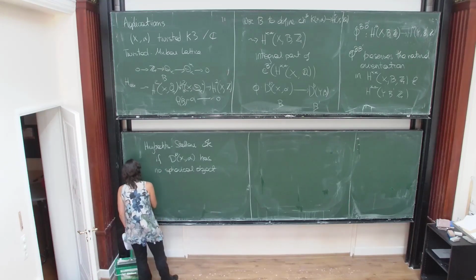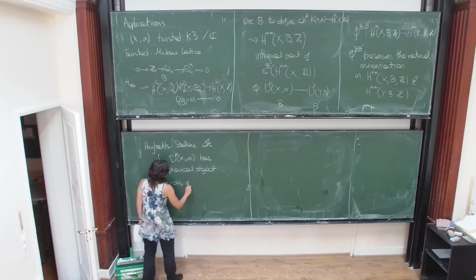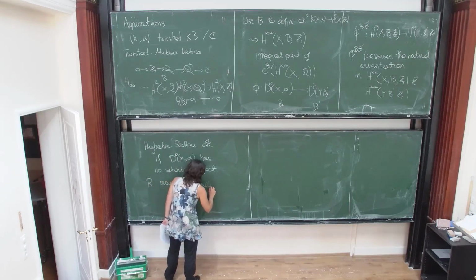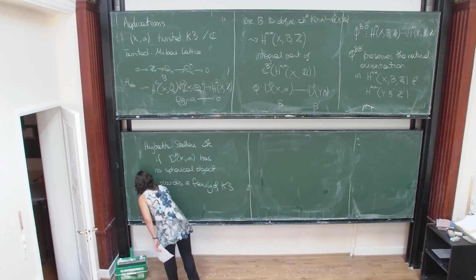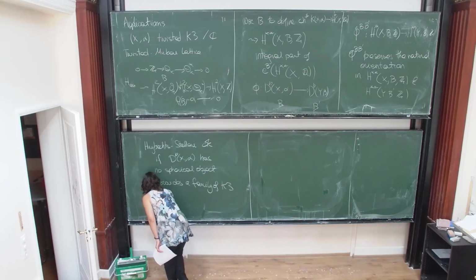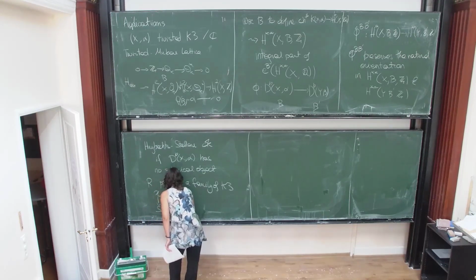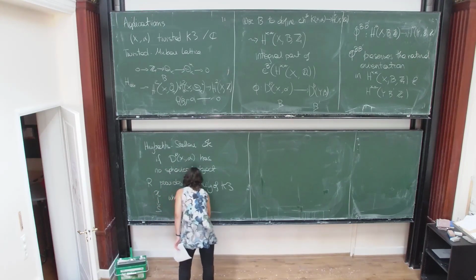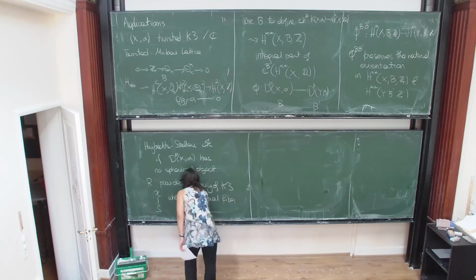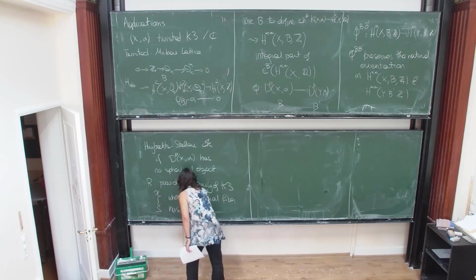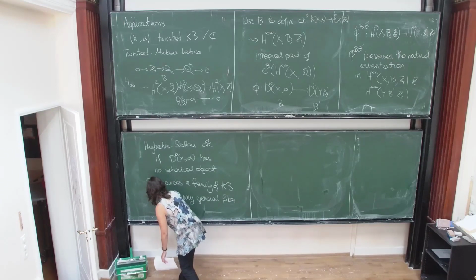So then Lieblich provides a family of K3s, X over some S, whose very general fiber has no spherical objects, and it also lives over alpha tilde.